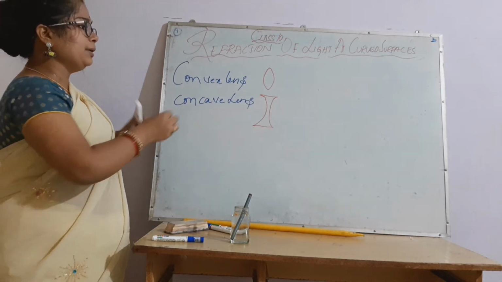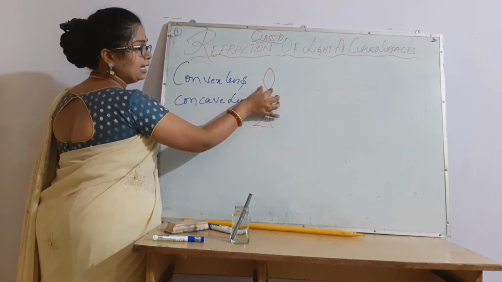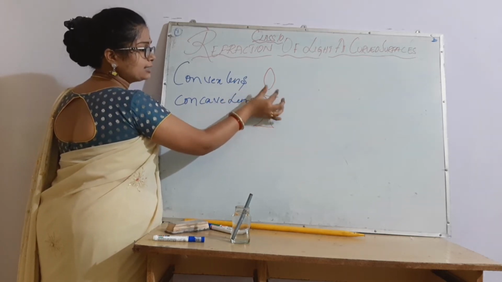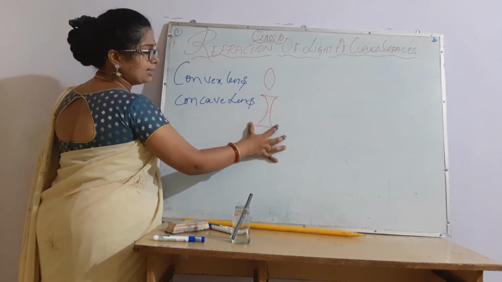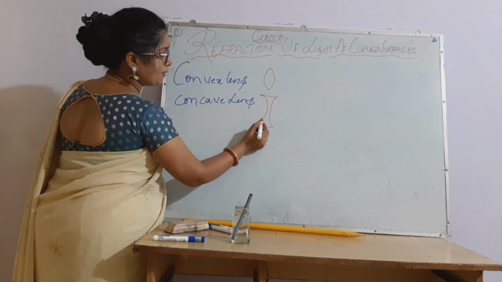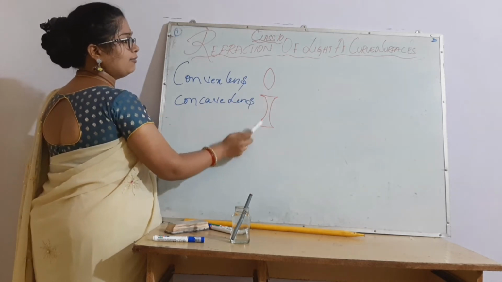The convex lens will be thick at the middle and thin at the edges. And this is thin at the middle and thick at the edges, the concave lens. Convex lens. Concave lens.